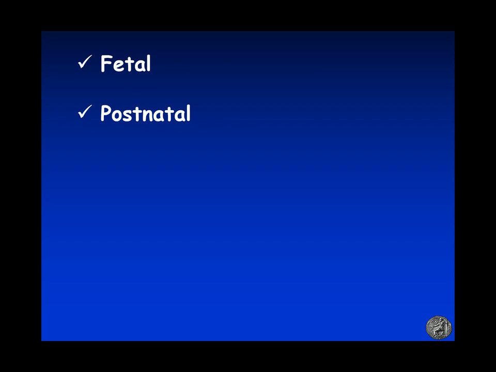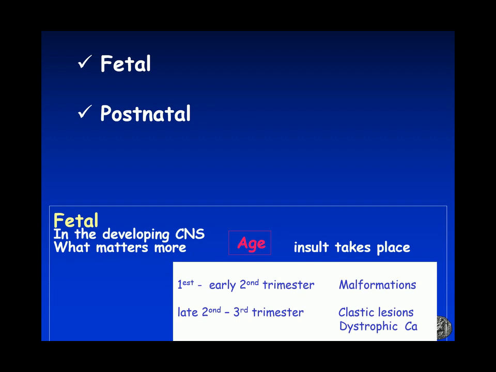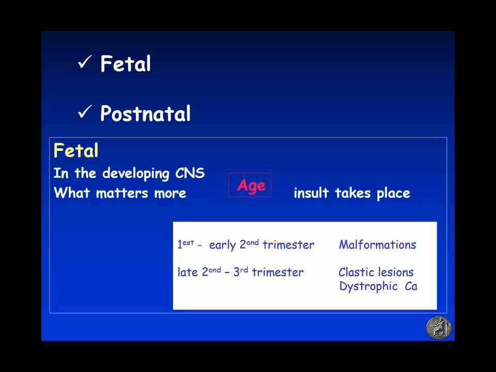In young children, infections of the central nervous system may be contracted in fetal life or postnatally. And when we are talking about fetal infection, we should think that the brain is a developing organ. And again, what matters more is the age at which the infection took place.